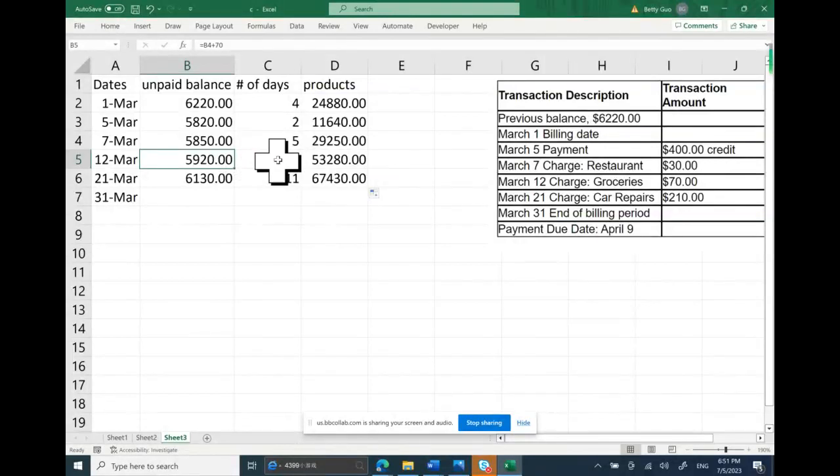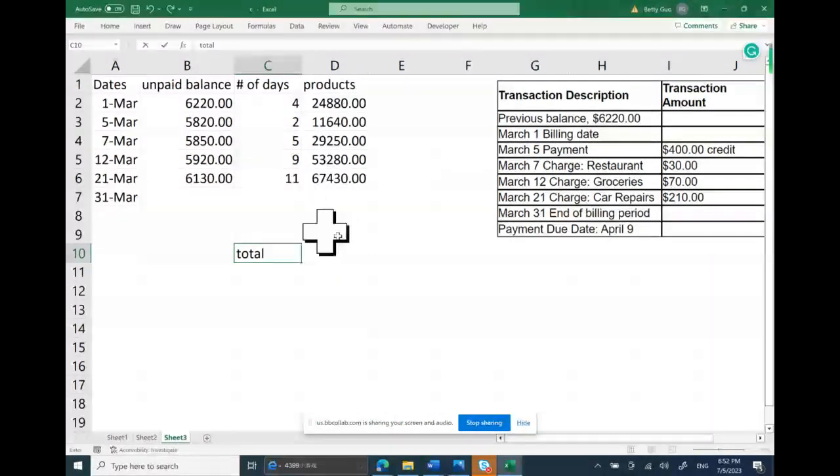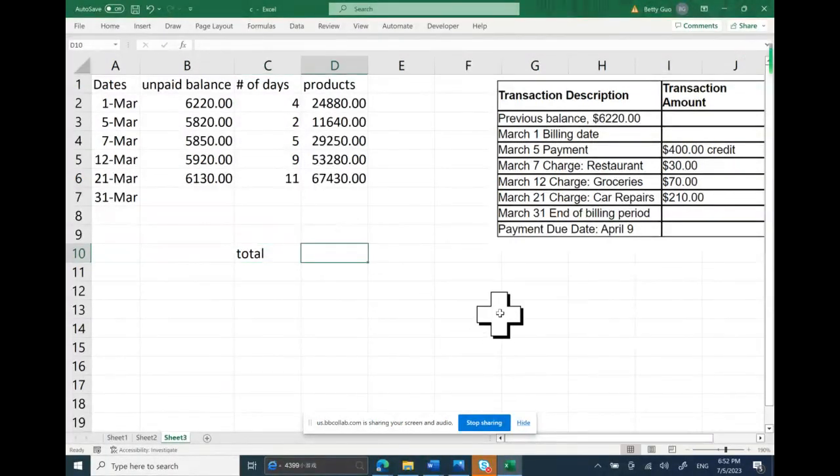And then you multiply this one by 9, and you got this number. And that number is the sum of the balances from March 12th to March 20th. And then you multiply this by this one, and that's the sum of the balances from March 21st to March 31st. Do you get that? Yes. Okay, awesome. And then I can use total or sum, doesn't matter. So I'm going to add up.